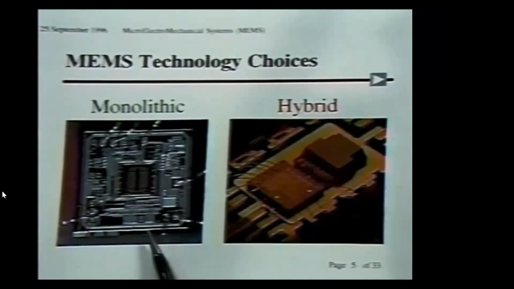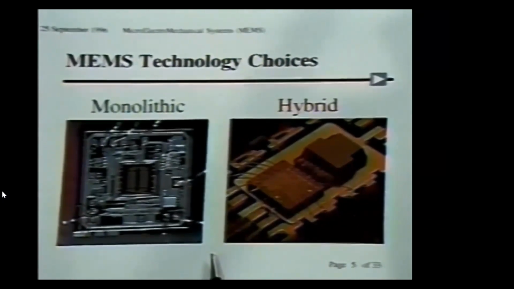In the case of our device, choosing a monolithic construction optimized the cost for us. In the case of some of our competitors in this field, the choice of a hybrid construction might optimize the choice for them. One of the things that's characteristic of sensors, and MEMS sensors are no different, is that some of the dominant costs end up in what I'll call the back end of the process, the assembly and testing of the sensor.